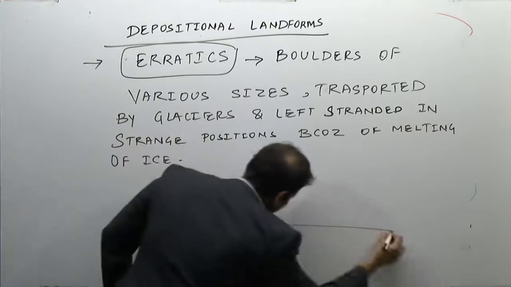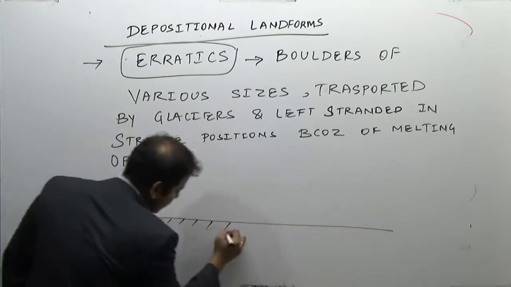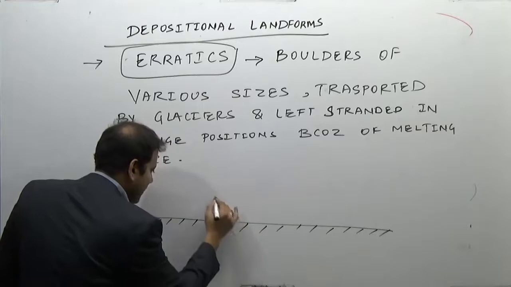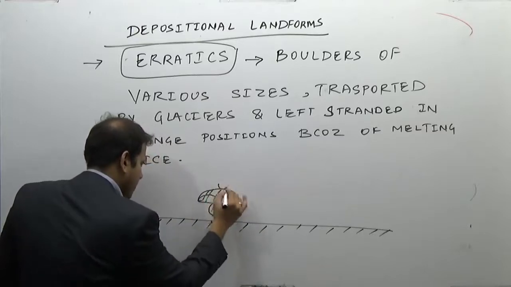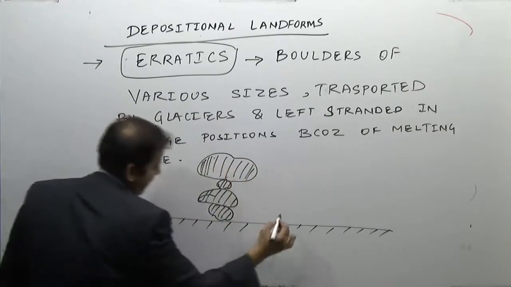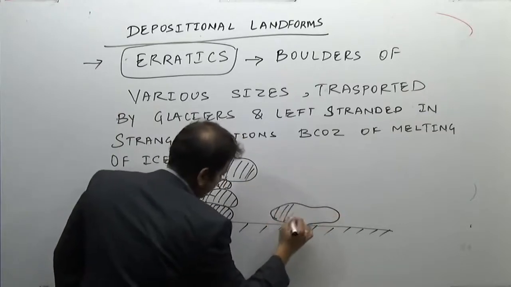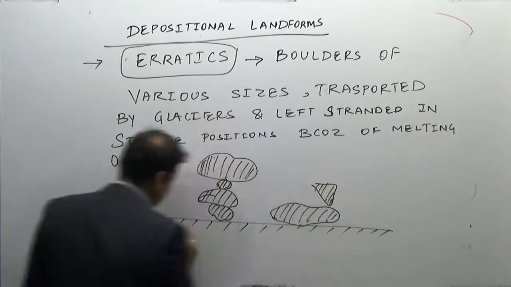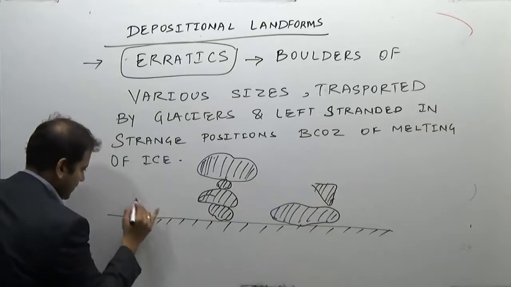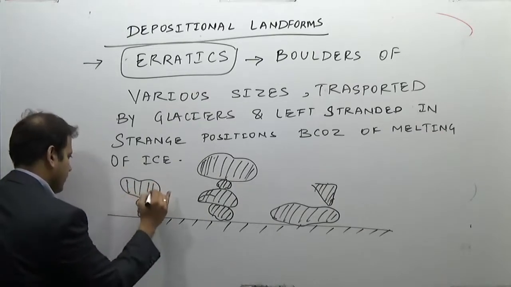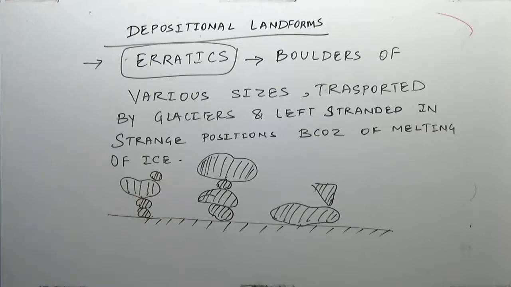Why strange positions? As I have told you, if this is a ground surface, you will find the rocks like this, or it may be like this, or it may be like this, as if they have been placed in different positions.